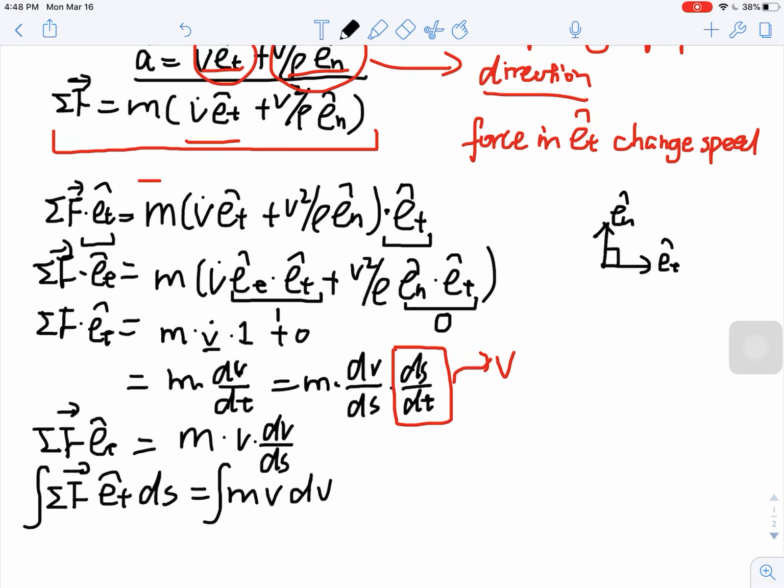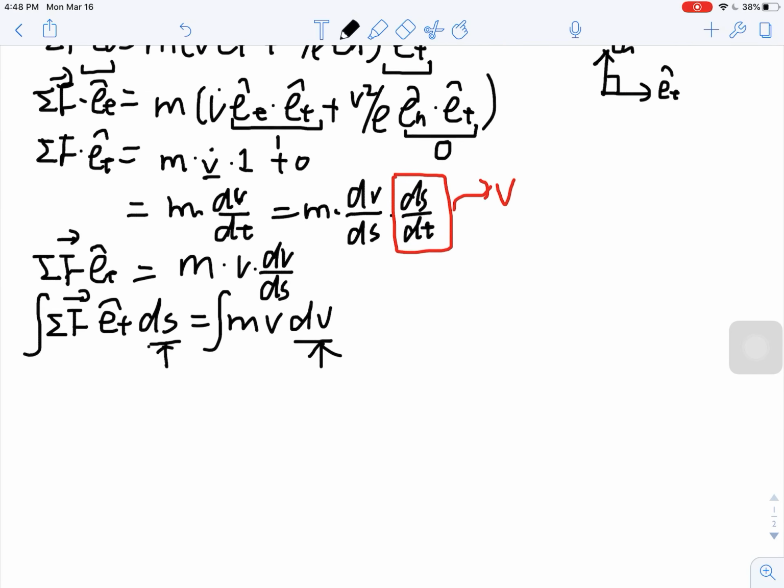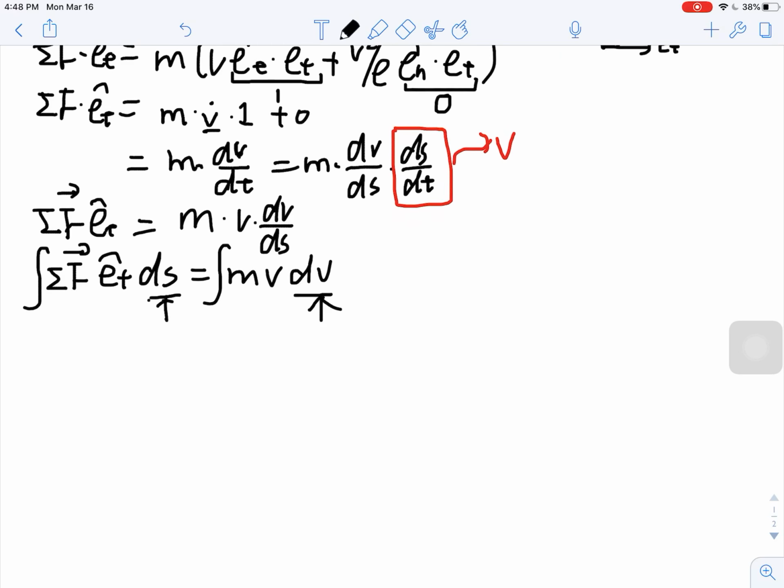Alright, if we take the integral on both sides of the equation, then on the left side the integration is with respect to ds, which is the distance. On the right side, the integration is with respect to the speed. In that way we can further simplify this.